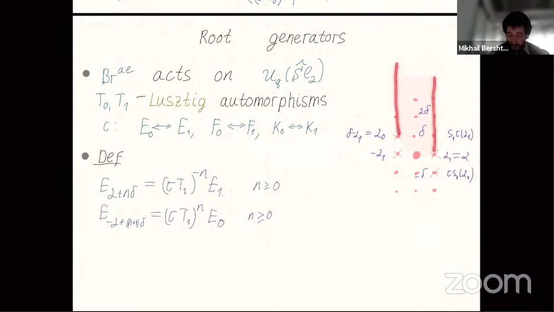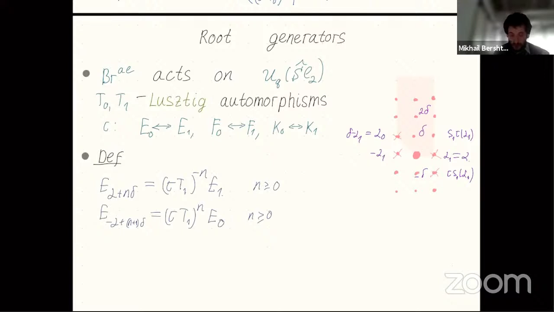Yes, yes. So here I obtained these generators. I cannot obtain the others using the braid group, because they are imaginary. They belong to a different orbit of the braid group. So I have to do something to obtain them.